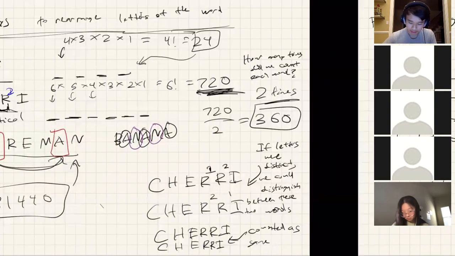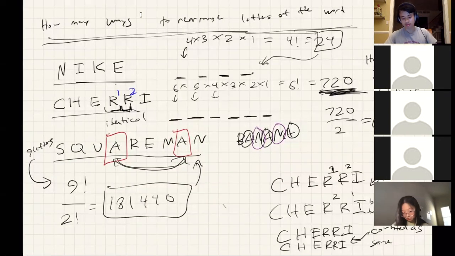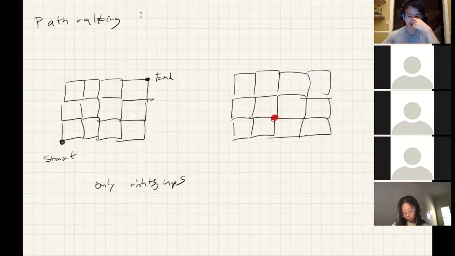Okay, so on to the next thing I want to cover, which is path walking, right? Path walking is something you're going to see decently often on competitions.